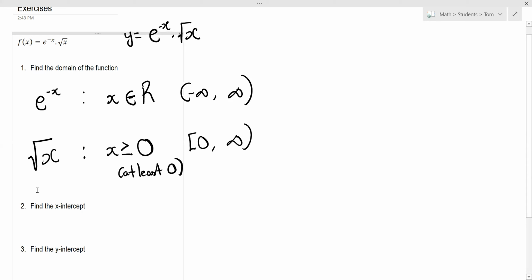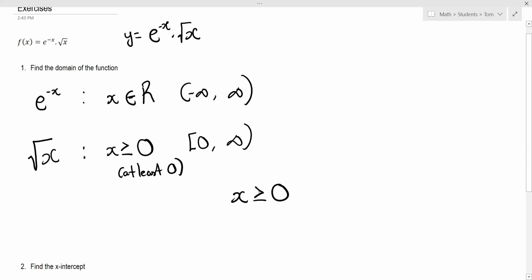Now, since you're multiplying them together in one function, you have to combine the two domains. If you combine these two domains, you still get that x is greater than or equal to 0. Or you can say find the intersection between the two domains. What do the two domains have in common?